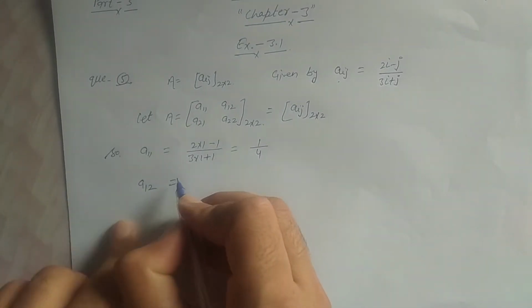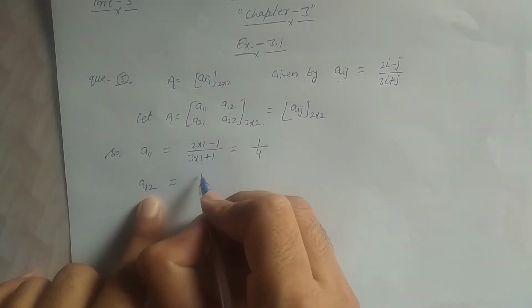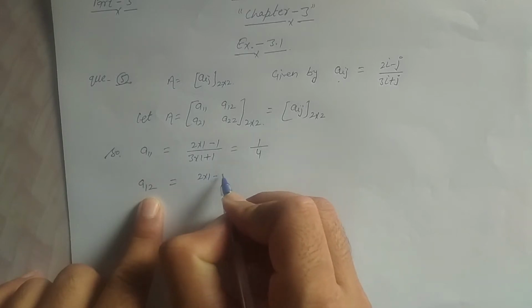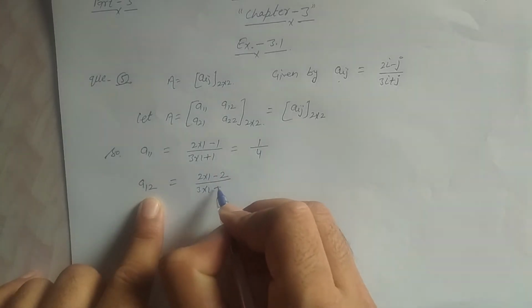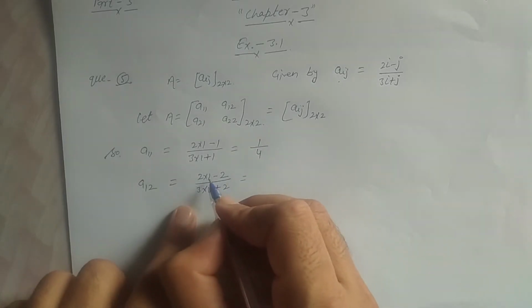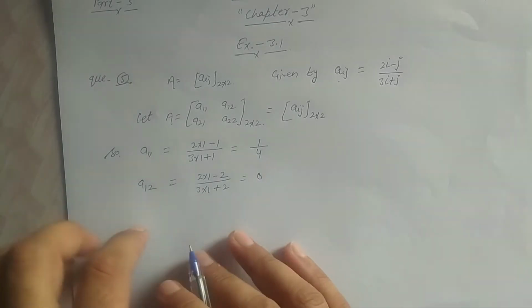A12: i equal to 1, j equal to 2. (2 into 1 minus 2) by (3 into 1 plus 2) is equal to (2 minus 2) by 5, which is 0.